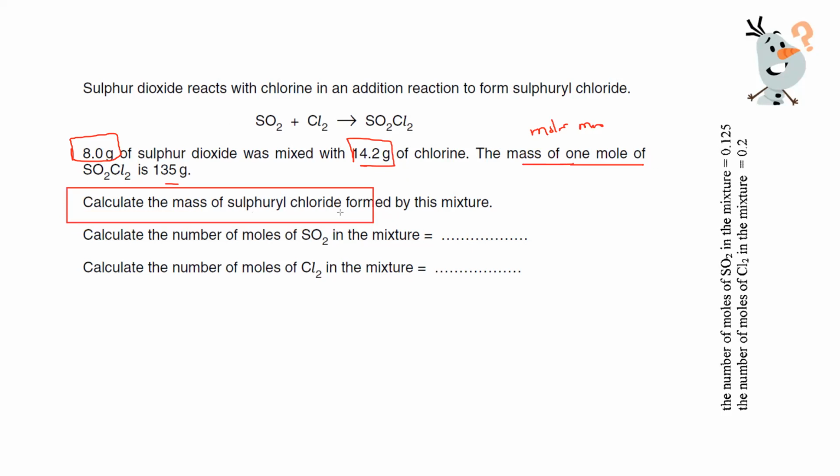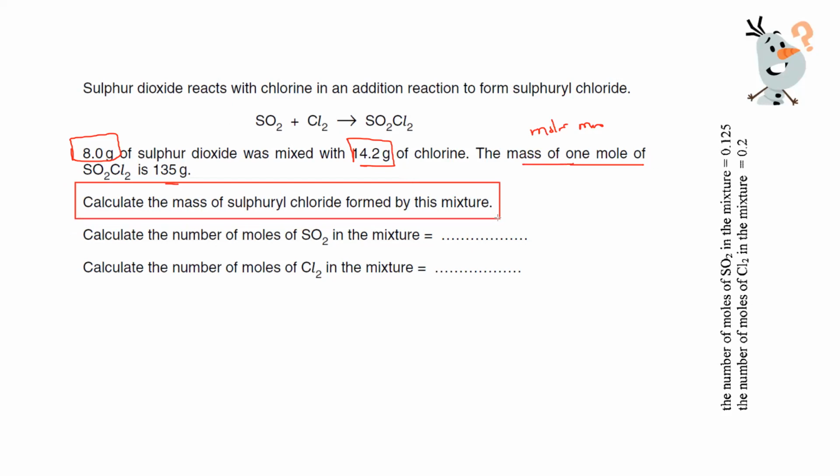But whenever you're solving the question, you have to follow the steps. So first one, they're asking to calculate the number of moles of sulfur dioxide in the mixture. So how many moles of sulfur dioxide in the mixture are there? They mention the mass of sulfur dioxide. So what is the mass of sulfur dioxide? As you read the question, you will find they mention 8 grams of sulfur dioxide.